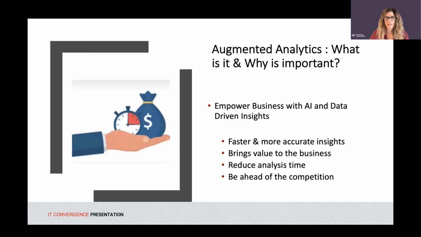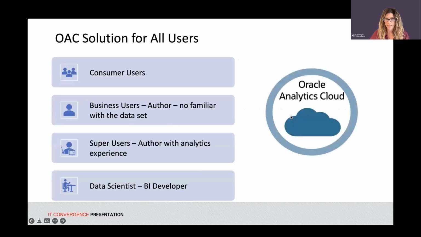The other thing that is important for you to realize is that you have many types of users in general, and these types of users don't have the same skill sets. You can have some people that just consume the content that others created. You can have someone that knows pretty much about the business but is not familiar with the data set, this type of business user.